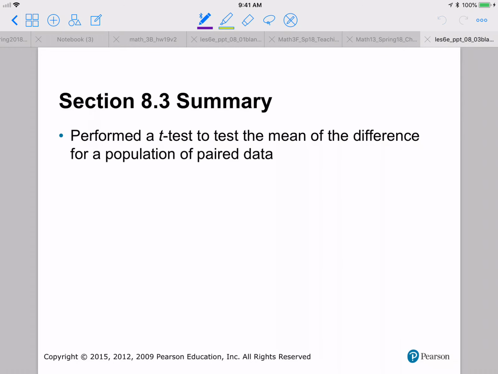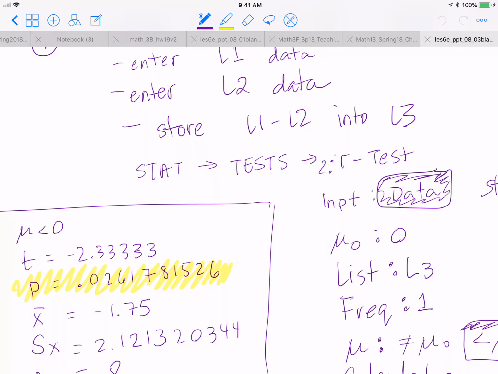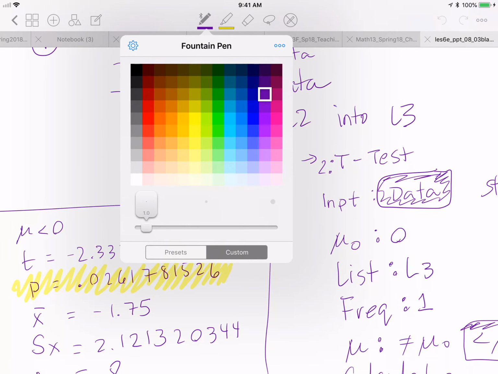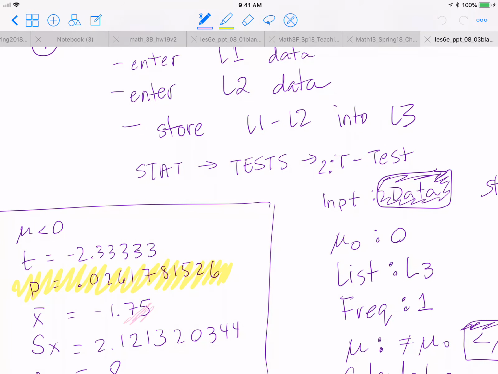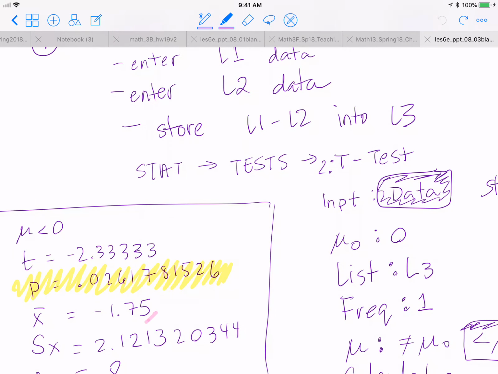It was, I believe, negative, yeah, our mean sample difference is right here. It's this negative 1.75. X bar equals negative 1.75.